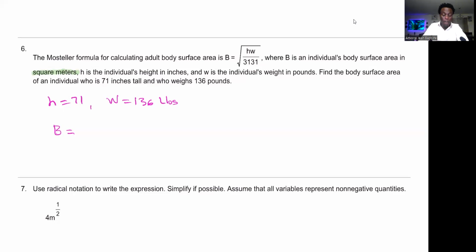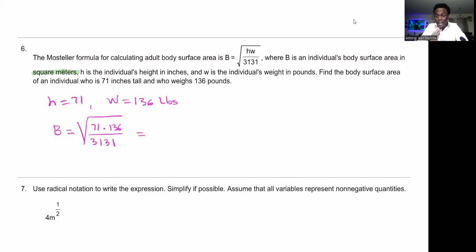So B equals the square root of H times W over 3,131. So H is 71 times W, that is 136, over 3,131. We're going to solve the expression inside of the radical, then take the square root.